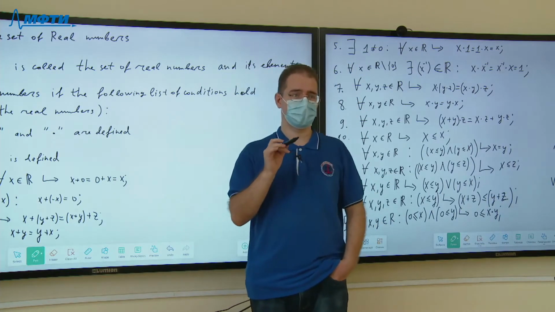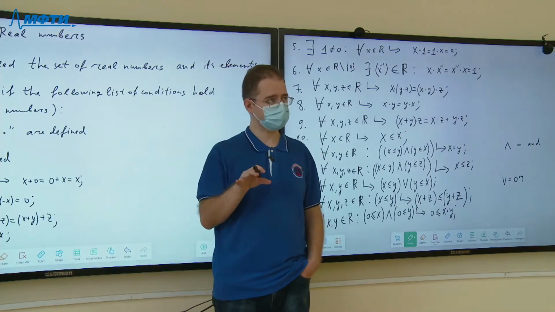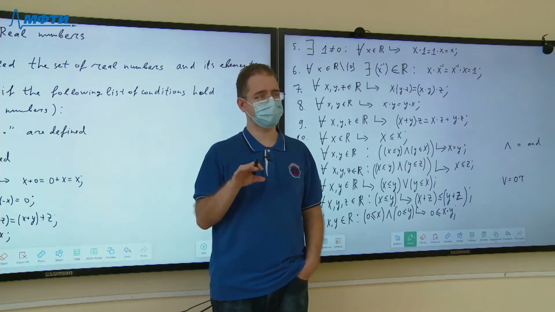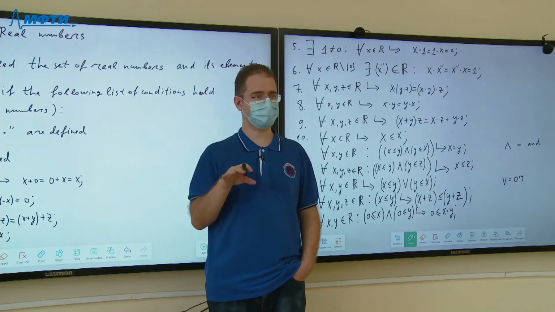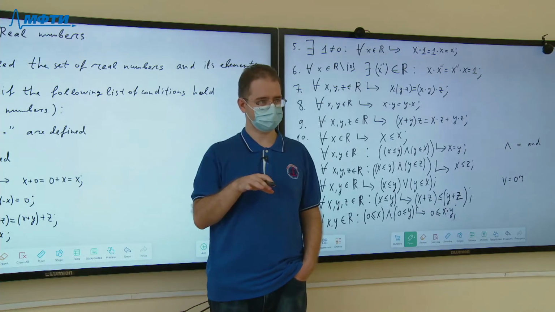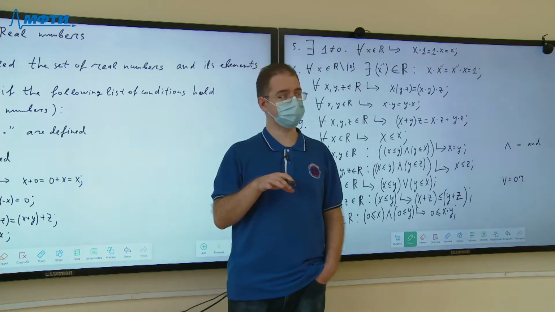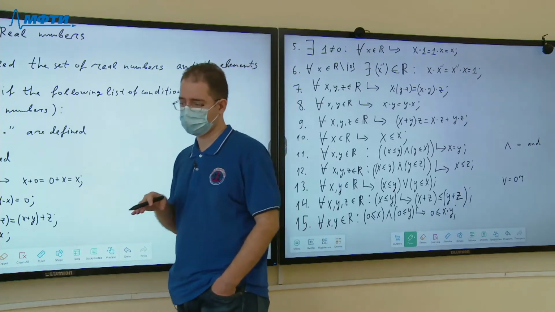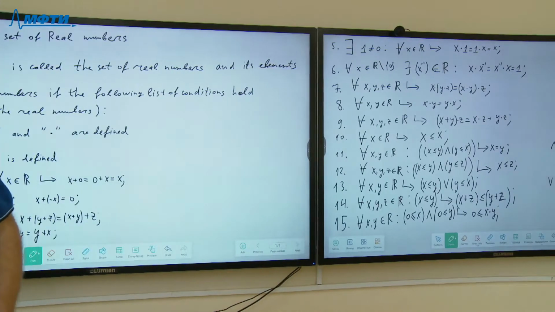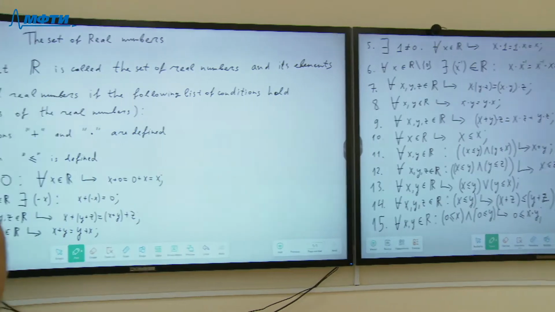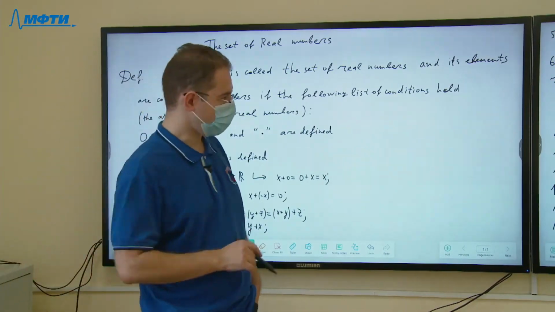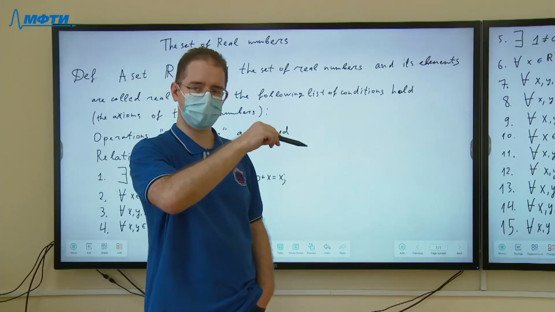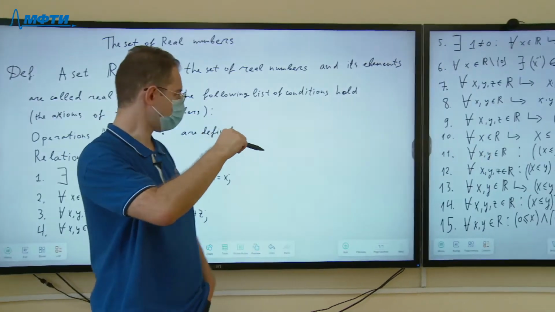So, from those 15 axioms, we basically can derive everything about arithmetics that you already know. For example, a little bit of gap for 16th axiom.